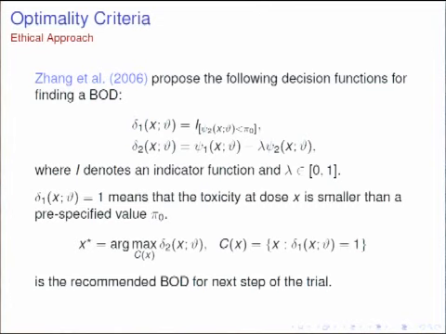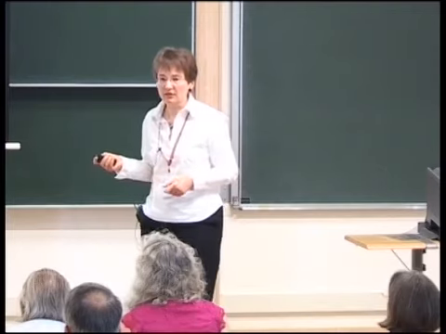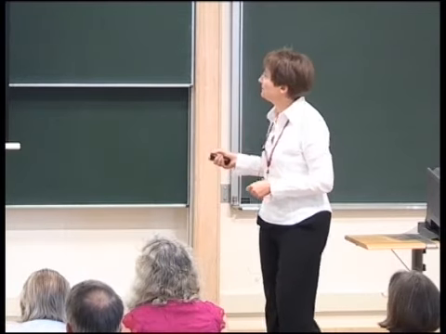So that's delta 1. This is a condition which will give me the set of x's, which is actually the set here. This will be my design region. The set of all doses for which this condition is met, which means that the probability of toxicity is below pi 0. It was 1/3 in Katrin's talk. And here it will be 1/3 as well.